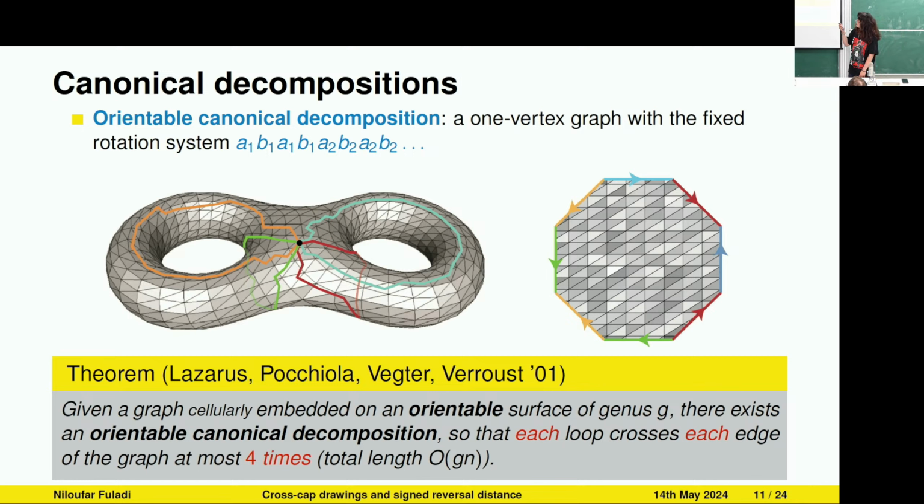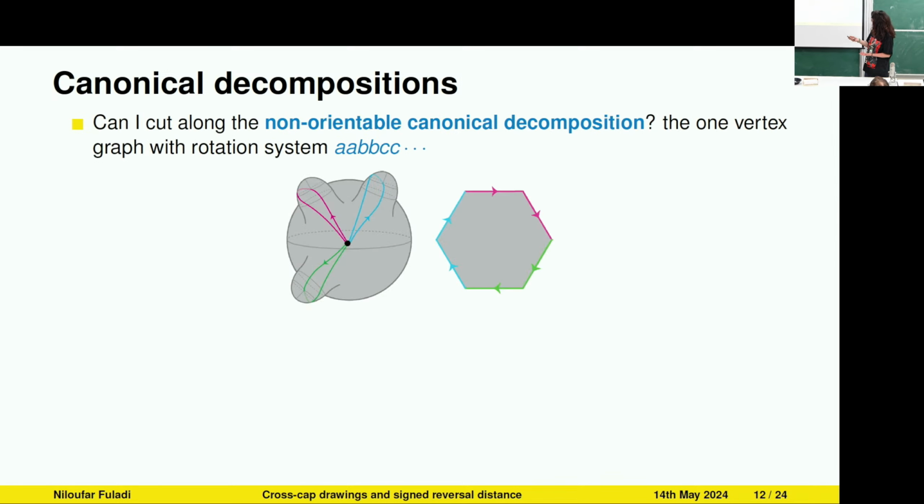So for orientable surfaces, this result was known, but nobody cared about non-orientable surfaces except me. That's why we studied this problem. A non-orientable canonical decomposition is the one that you already saw, where around the vertex you see the edges in this order: A, A, B, B, C, C. When you cut along it, you get this kind of polygon.